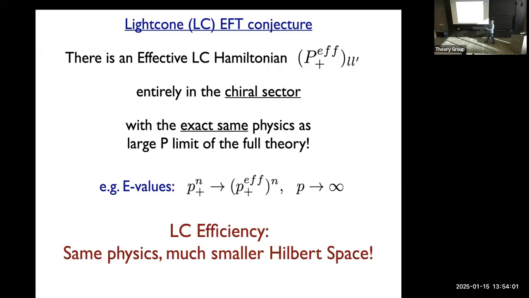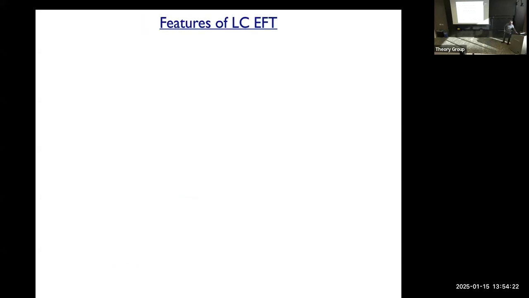In practice, especially in 1+1 dimensions, if someone gives you this object as a gift, it's an exponential increase in efficiency, because instead of thinking about left-moving and right-moving modes, you truncate to just the left-moving part, and that's much better.